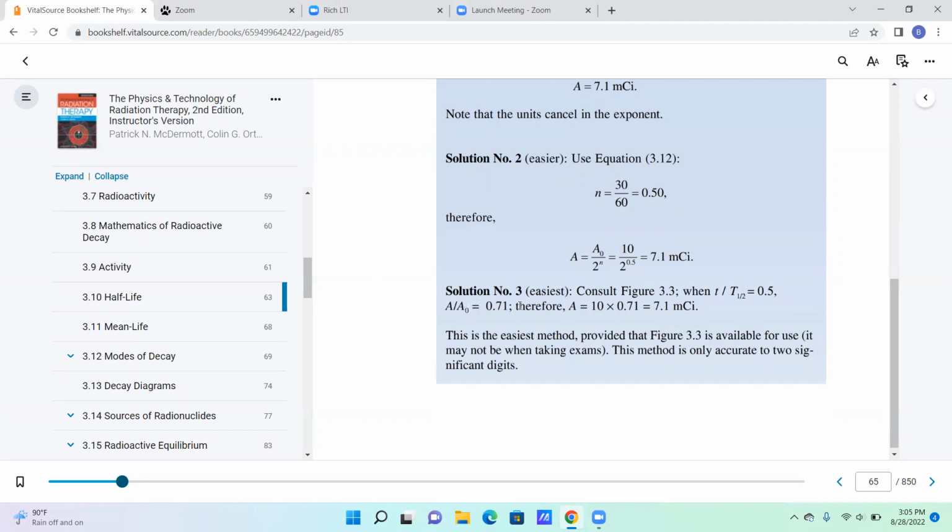A divided by A naught is 0.71, and therefore A is going to be equal to 10 times 0.71, which is going to be equal to this. And this is because you know that A naught you can put over here. You know that you multiply it by the 0.71. You know that you started with 10 millicuries. This is what you end up with.